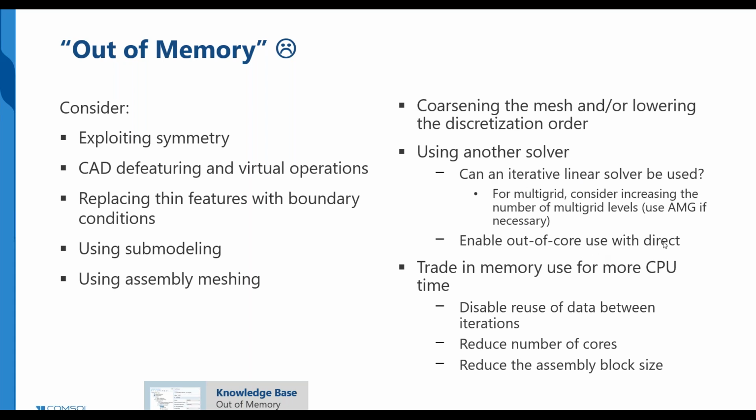Enable out of core when you use a direct solver. We have an automatic option, but that can sometimes be overridden, and you can use it more extensively by enabling it manually. Other ways is to trade in memory for a little bit more simulation time, and I will show you how to do that.